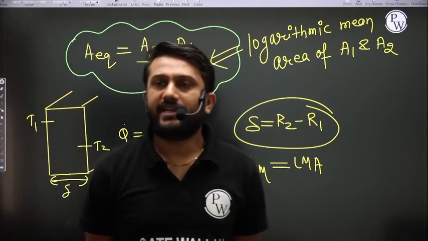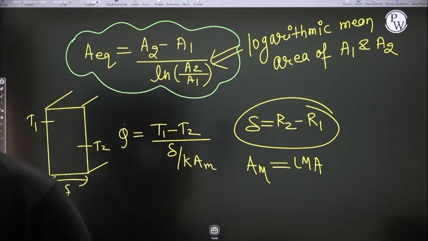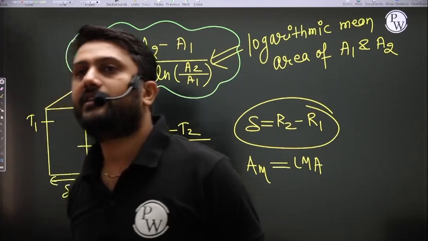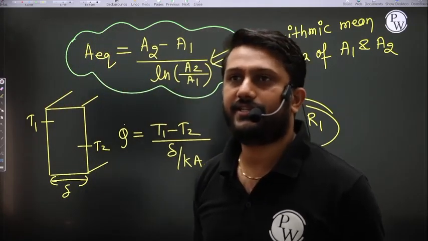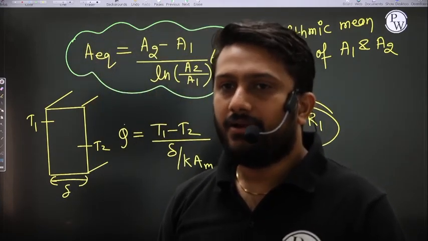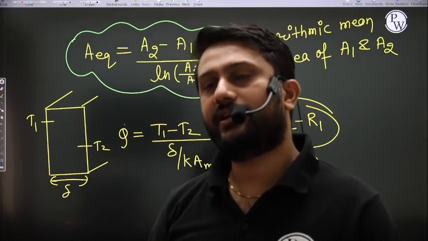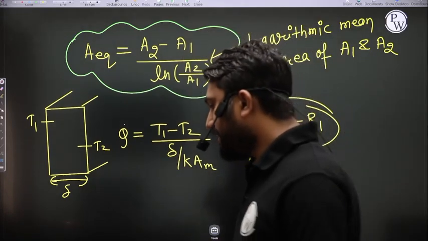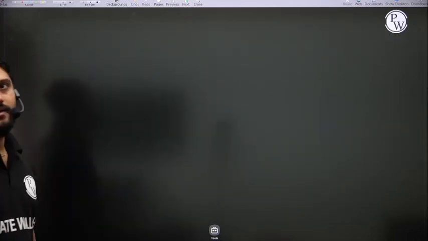Okay, now come to the next very, very important topic, and that topic is solid cylinder with internal heat generation. So far we are neglecting the internal heat generation. Now we are discussing a case where that internal heat generation term is there. So I am considering a solid cylinder, in which the internal heat generation occurs in a uniform way.